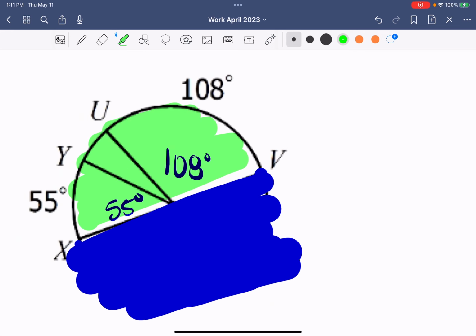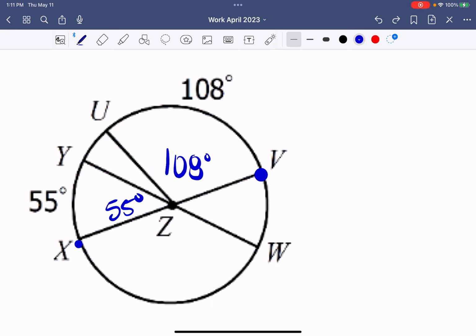So I am going to subtract 180 minus 108 minus 55. And that answer is 17. So it means the 17 is the piece in the middle.